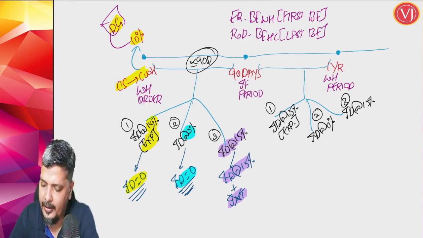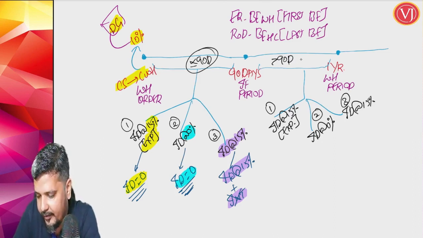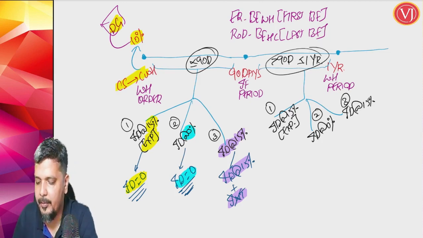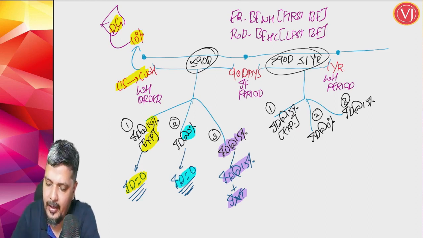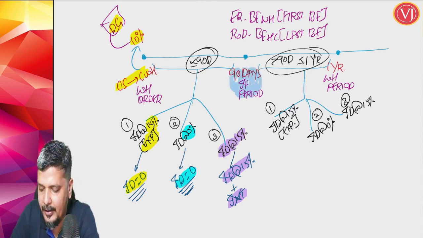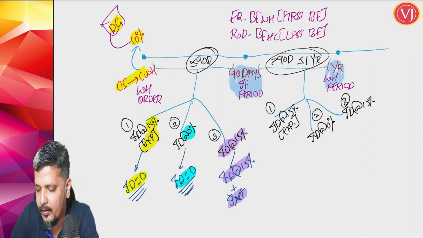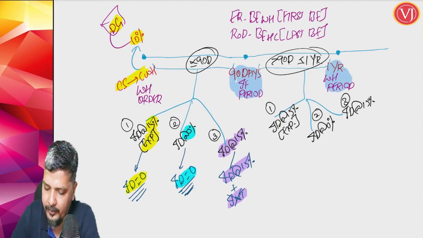Here, when you are clearing it, it is after 90 days, but before 1 year, which means interest will generally start. Why? It is after the interest free period, but before the end of the warehousing period, so interest will generally start.